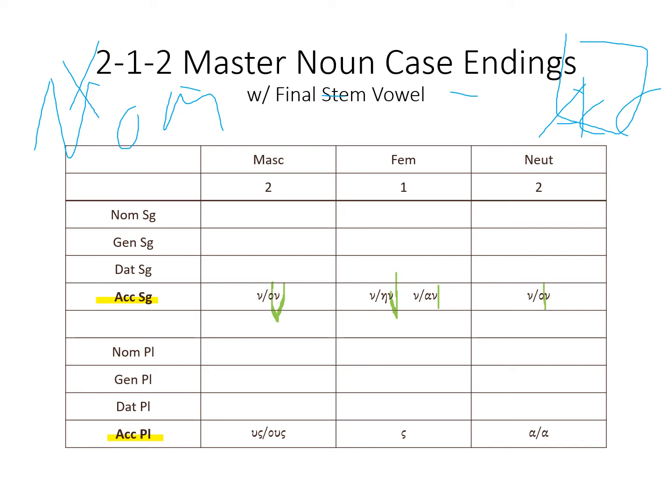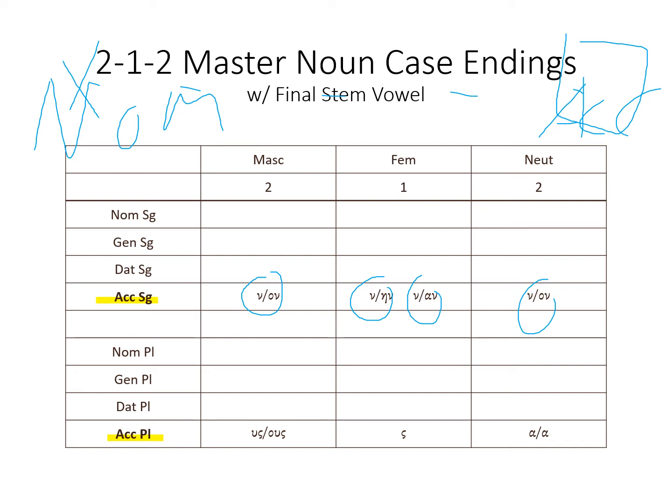The endings that I have noted here include the final stem vowel, the omicron there, eta, alpha, and omicron, but just on the left of these, we have specifically the ending, the nu there.